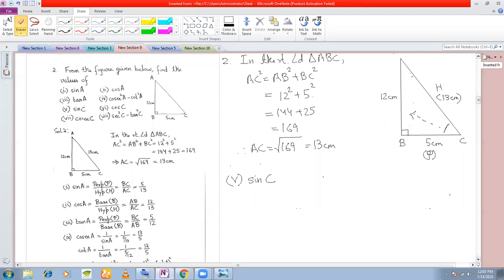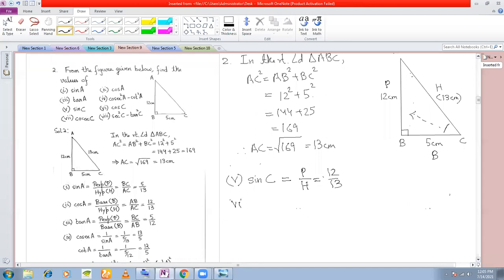This is your perpendicular and this is your base. You understood the concept of perpendicular and base this time? Yes, sir. I have understood. So now if you're talking about C, then this becomes the perpendicular. This is perpendicular by hypotenuse. So 12 by 13.